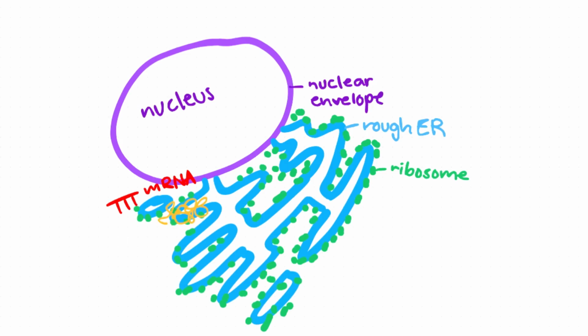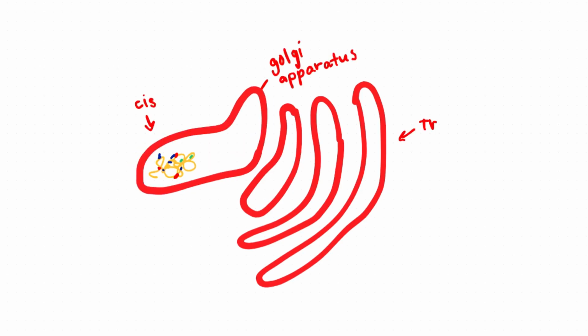As the polypeptide chain enters the rough endoplasmic reticulum, it begins to form into its functional shape. As the protein travels through the endoplasmic reticulum, carbohydrates are attached onto the protein by the enzymes on the ER membrane. These proteins are then transferred to the Golgi apparatus through vesicles for further processing.